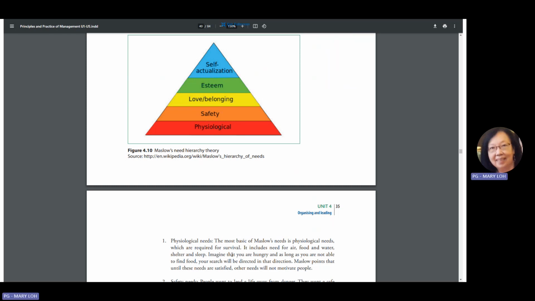And how does this relate to motivation? Imagine when you first started work, when you got your first job, what were you mainly concerned about? The salary. Why? Because you need the income in order to cover all your expenses.